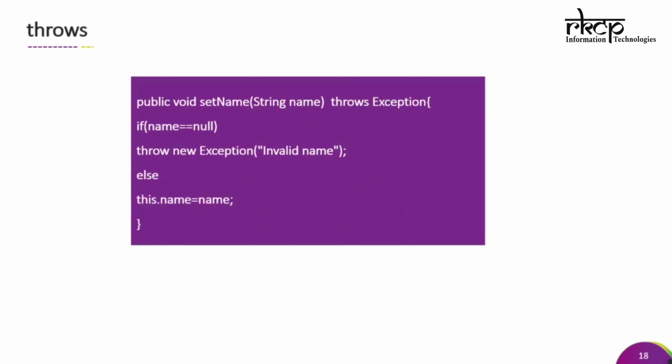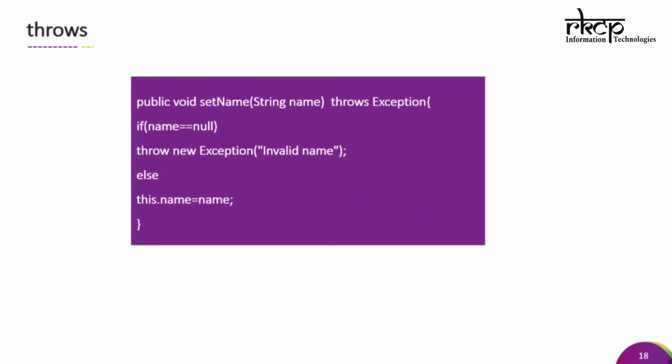If you remember, in my previous video I was asking how you will handle an exception if you don't know how to write a try catch block. So you can use throws with your method. Suppose in this example I have public void setName, and with this method I'm using the throws keyword, throws Exception. It means I don't know how to write try catch finally, so directly you can write throws Exception with the method itself.